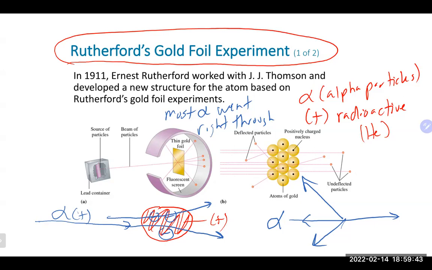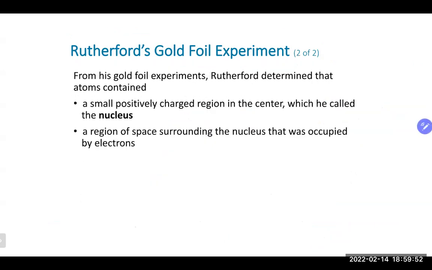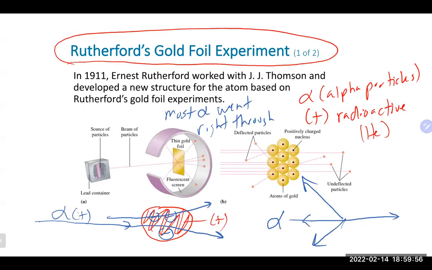They had to hit something that was very positively charged, right? Same charge, they don't like to be near each other. So what accounted for these alpha particles bouncing around at large angles is that it had to hit something very positive.